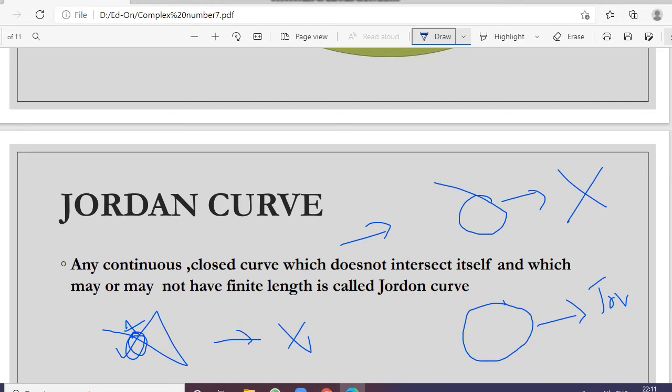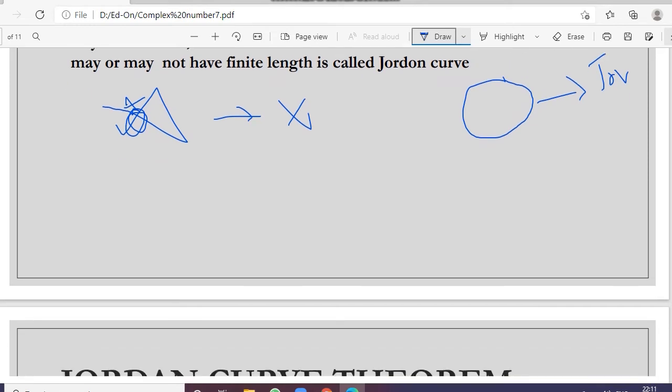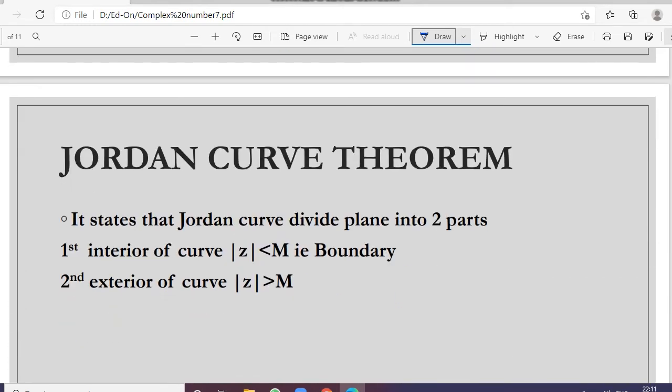There are basically three postulates of the Jordan curve theorem. Here two conditions are written, and the third which is missing is that the curve should be Jordan, because as the name suggests this is the Jordan curve theorem.